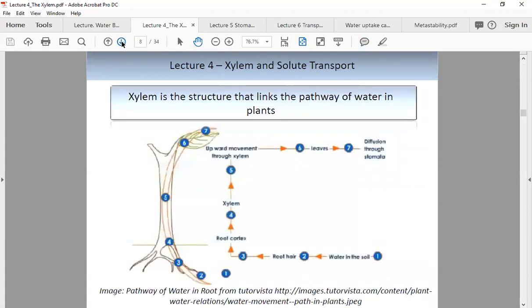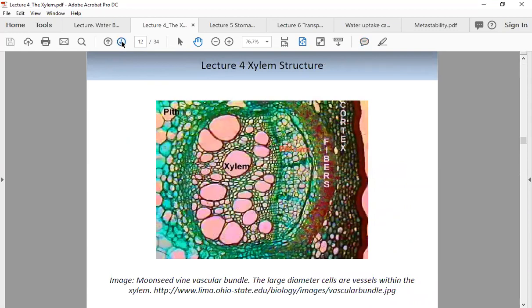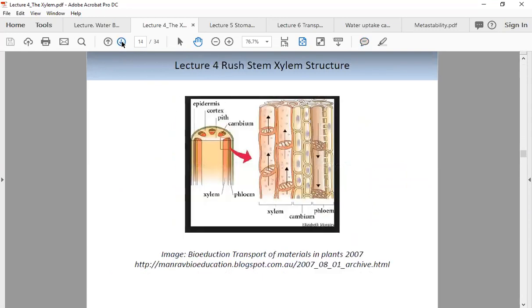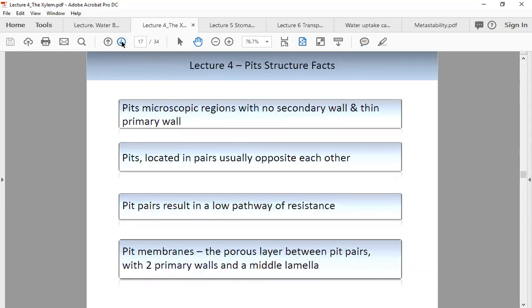All right, so we've looked at the xylem structure and function: xylem vessel elements, tracheids and pits. Remember the pits and pit pairs? They're almost like pores on the side of the element walls or the tracheid walls, and they pair up with a pit in the neighbouring vessel element.